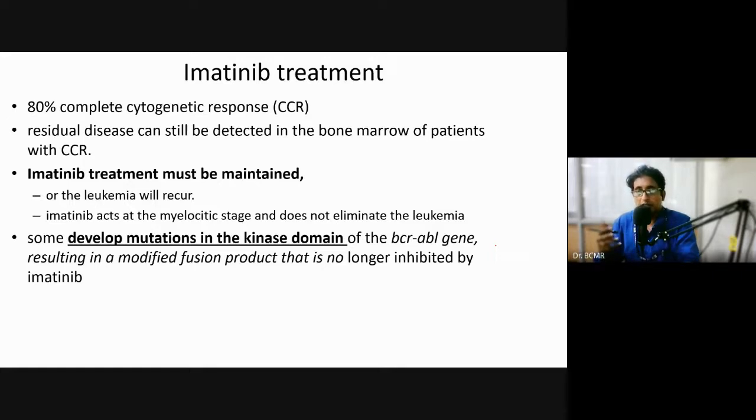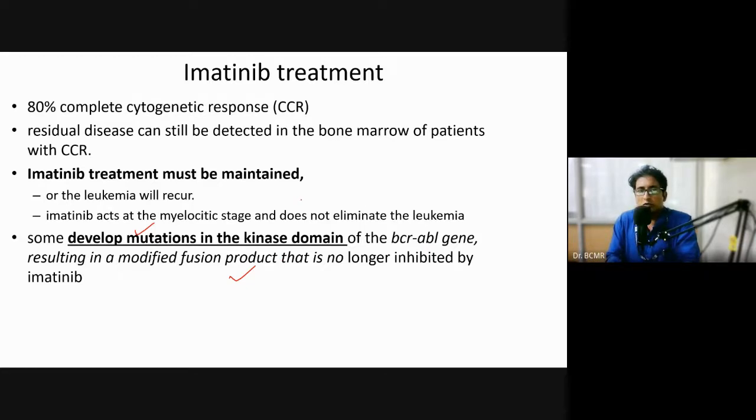And if the rate of mutation is high, the probability of mutations beneficial to the growth of the cancer will also be highly probable. That is one of the reasons they may develop some mutations within the kinase domain, because of which Imatinib is no longer useful or cannot inhibit this fusion protein.